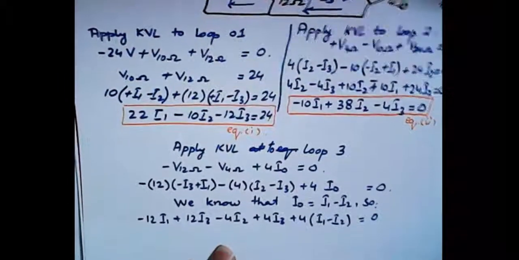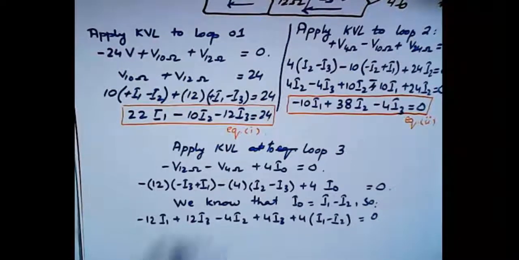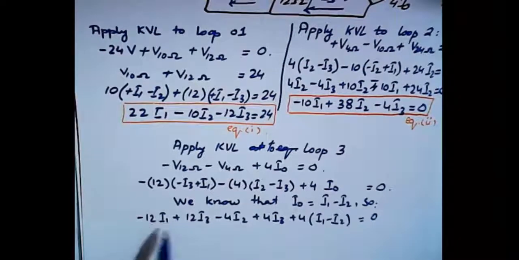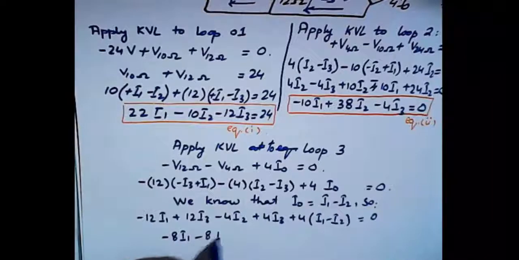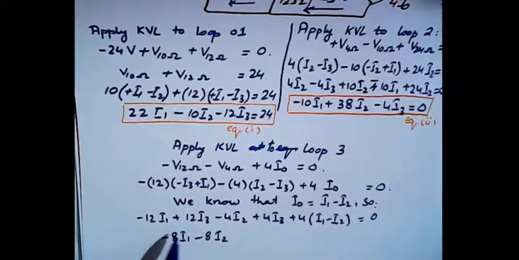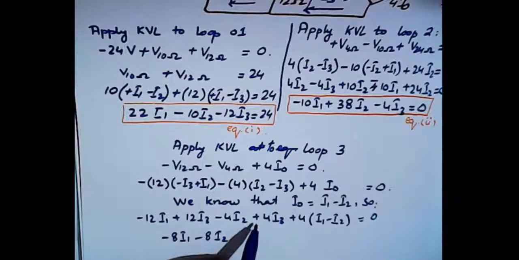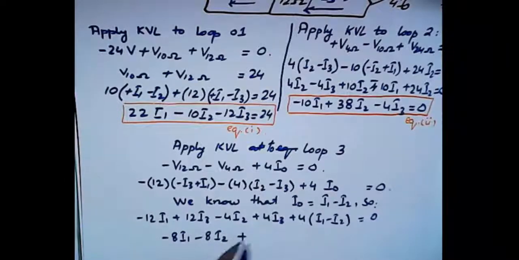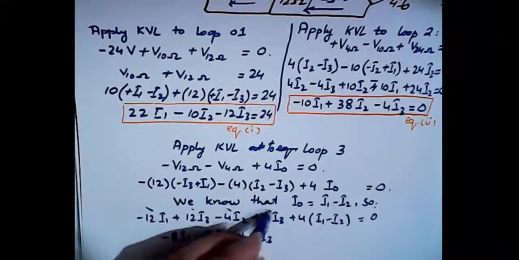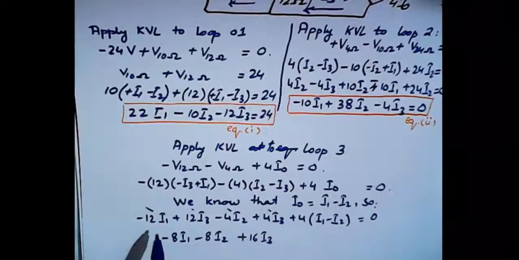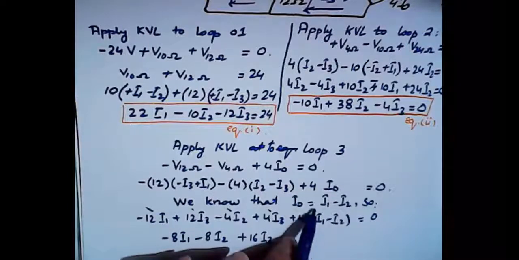So I hope that this is clear now, and now we just need to arrange the terms and simplify. Minus 12 plus 4 will be minus 8 I1, minus 4 I2 minus 4 I2 will be minus 8 I2, and then 12 I3 plus 4 I3 is 16 I3, right? Let's solve this one. Just wait a minute, we solve two terms.